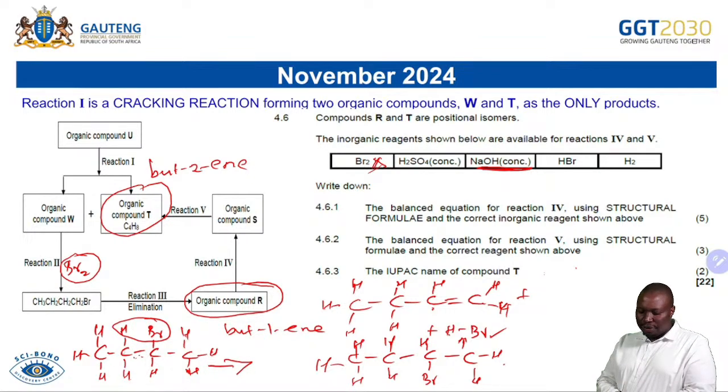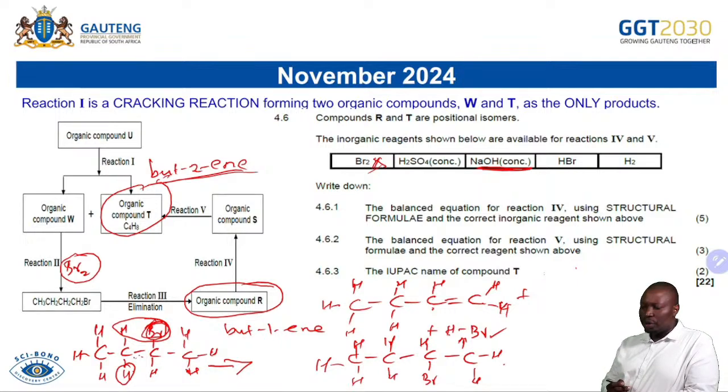You will remove the hydrogen from the poorest carbon, the carbon with the least number of hydrogens. Hence, you will remove this hydrogen and this bromine to form a double bond there. So you will be able to put but-2-ene. So if it's a balanced equation, you will show the equation, and the name of compound T will be but-2-ene, and you will have got your 22 marks.